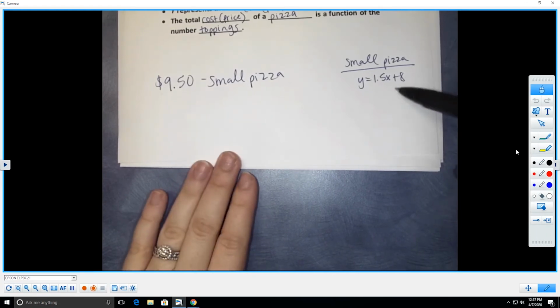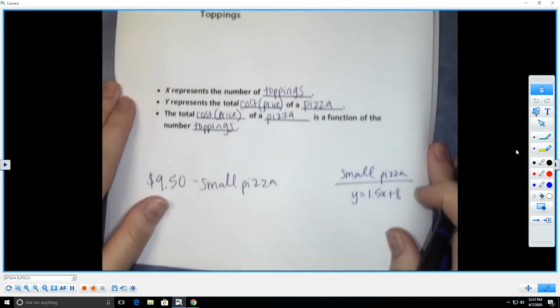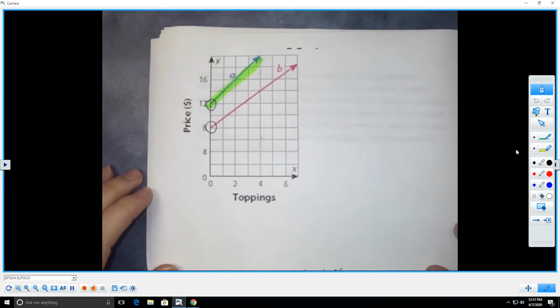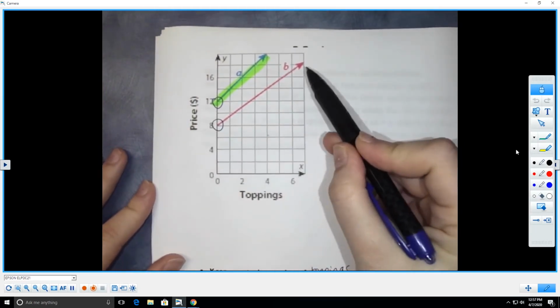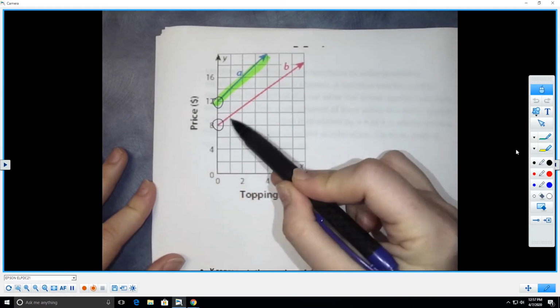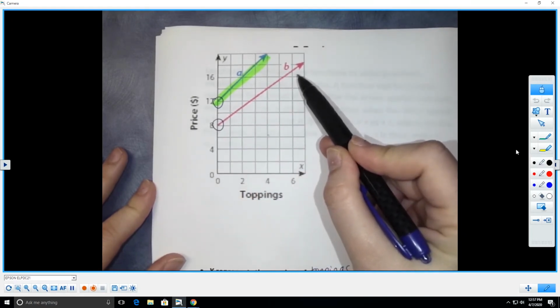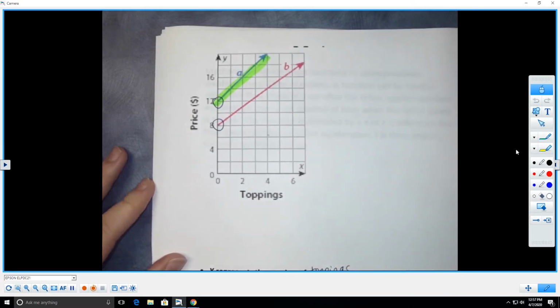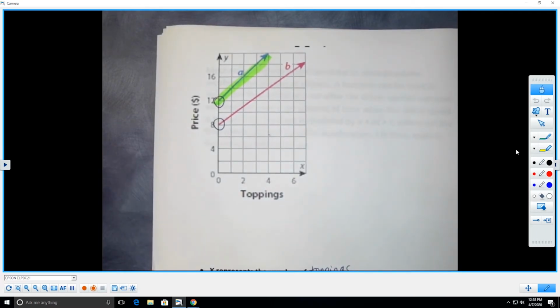So you can use the equation here, or you can use the graphical model. Remember that this line, line B, represents the small pizza. And I want to know how many toppings she got if she spent $9.50.